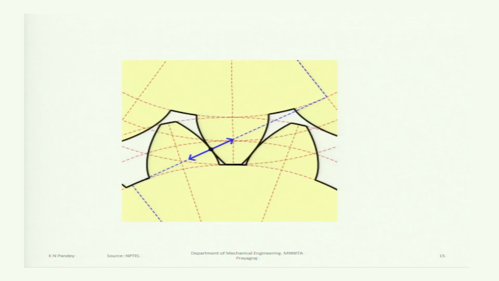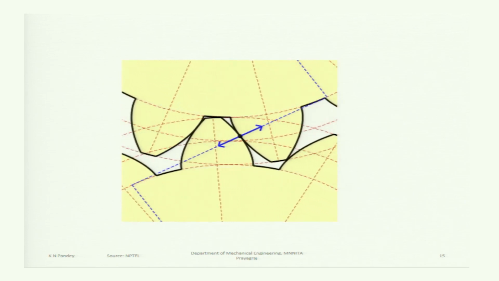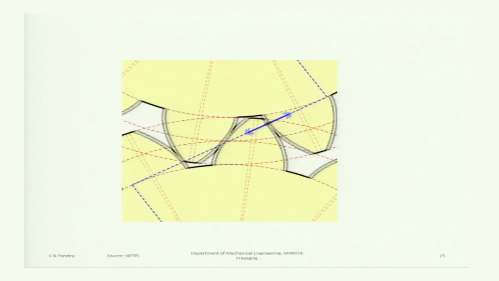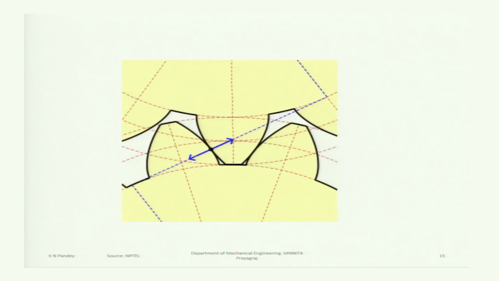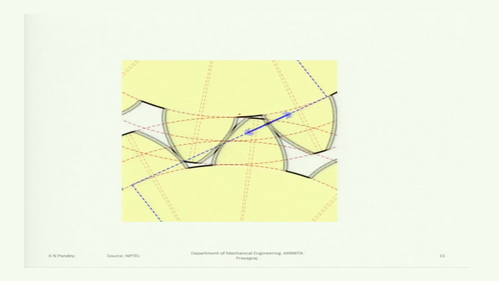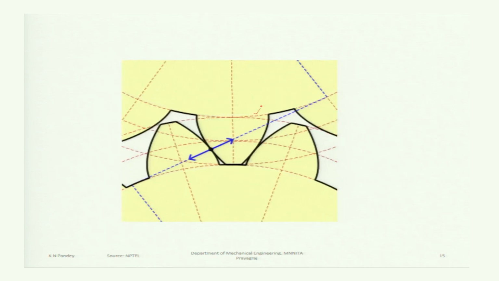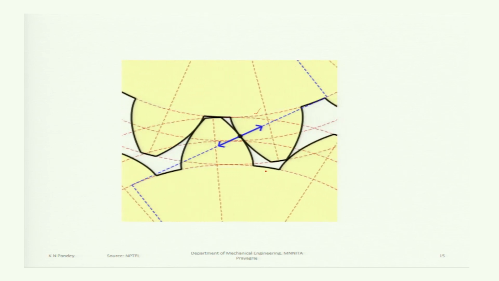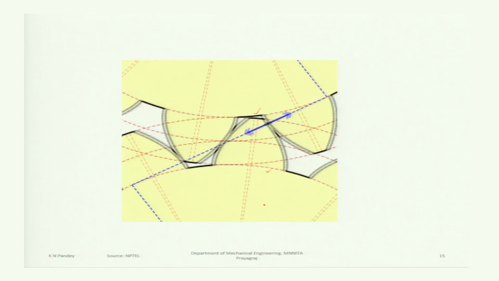In this figure, you may see the point of contact which is always lying along a line which is tangent to the base circles. This is the base circle of one of the gears and this is the base circle of the other gear.